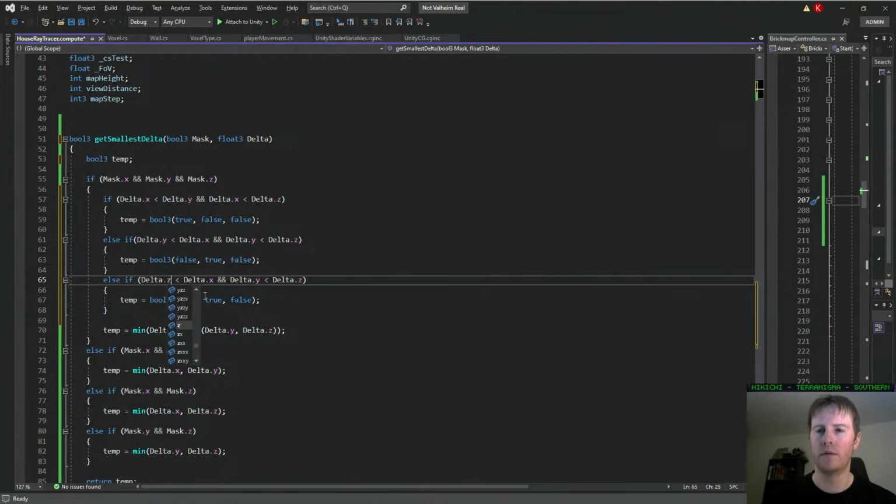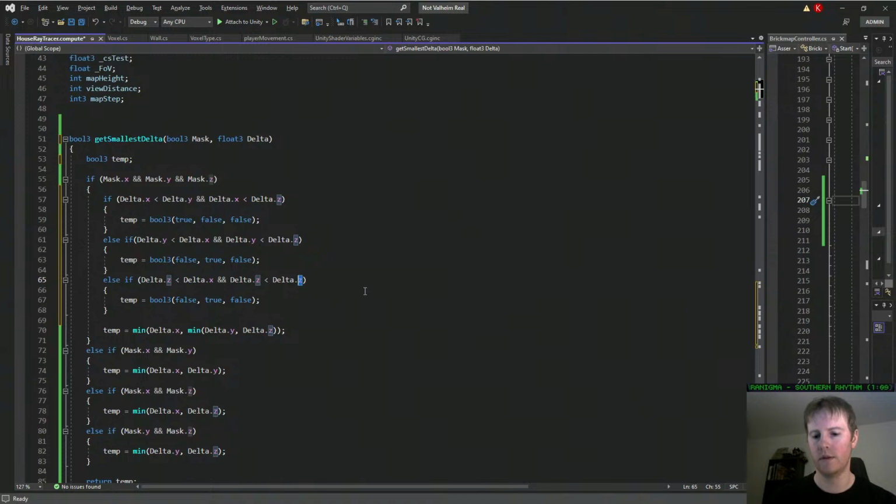Else if z is less than that and that is less than y. This is really the only remaining option, so it doesn't really need an else if.